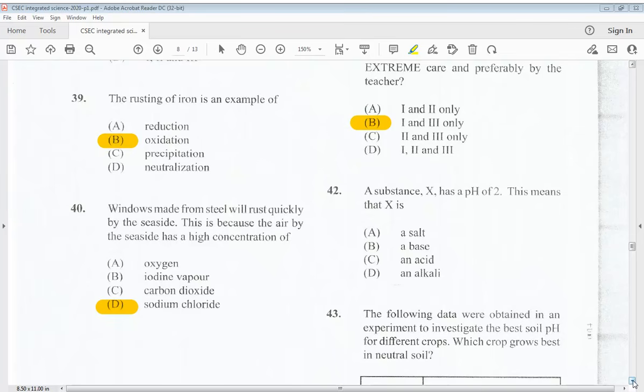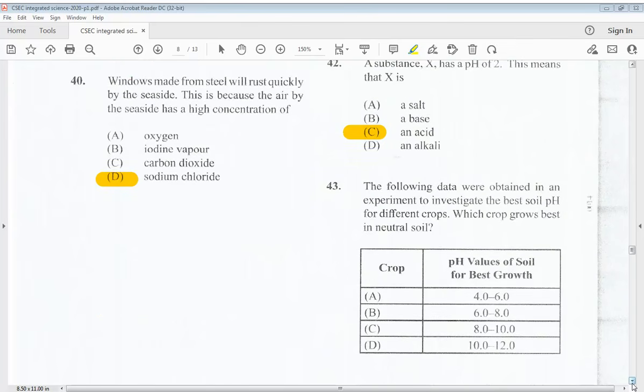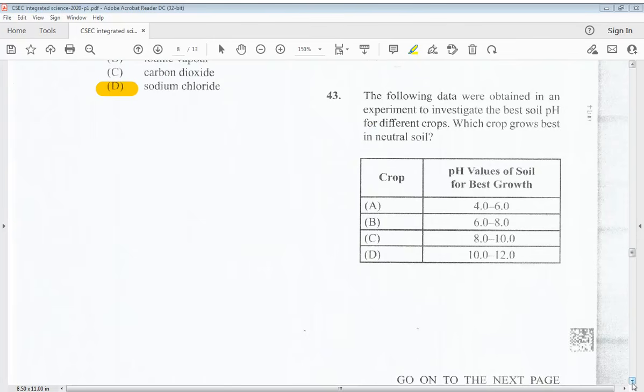42. The question. So the answer is C. Let's go to 43. So take a look on your diagram again. The data given.